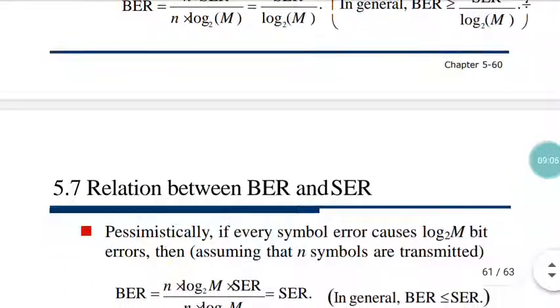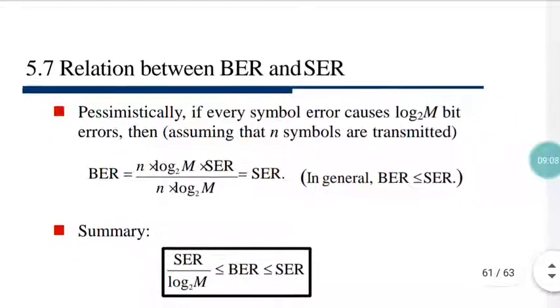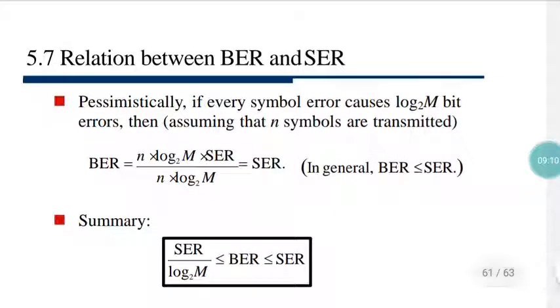Next, pessimistically, if every symbol error causes log2 M bit errors, then assuming that N symbols are transmitted, BER equals N log2 M times SER divided by N log2 M, so finally that is SER.